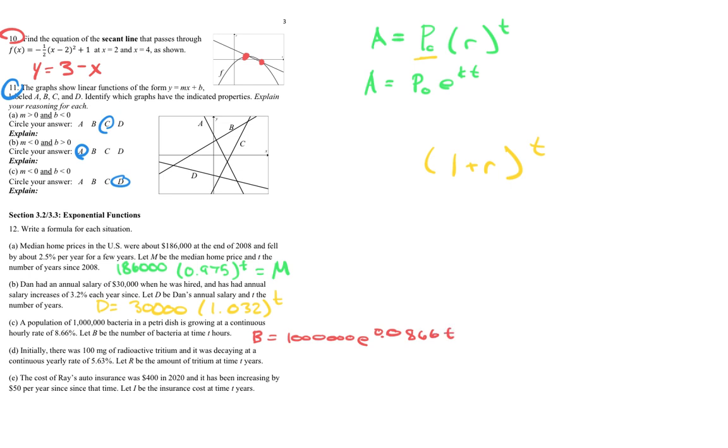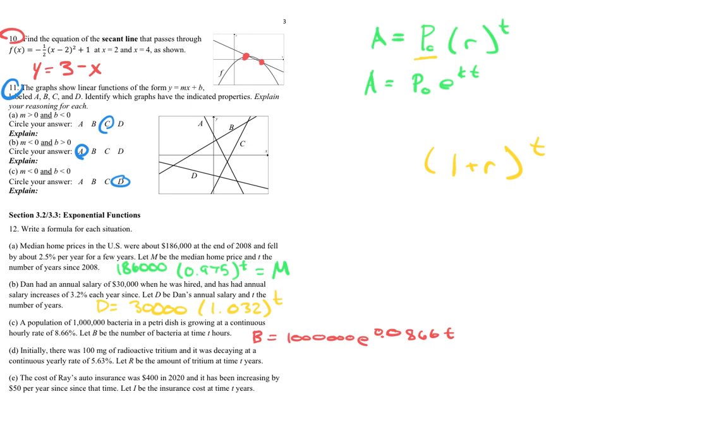Then for D, it says initially there is 100 milligrams of radioactive tritium, decaying at a continuous yearly rate of 5.63%. Notice continuous here, which means our amount equals our initial amount times e to the kt. This time, since our amount is decreasing, this continuous rate k is going to be negative.